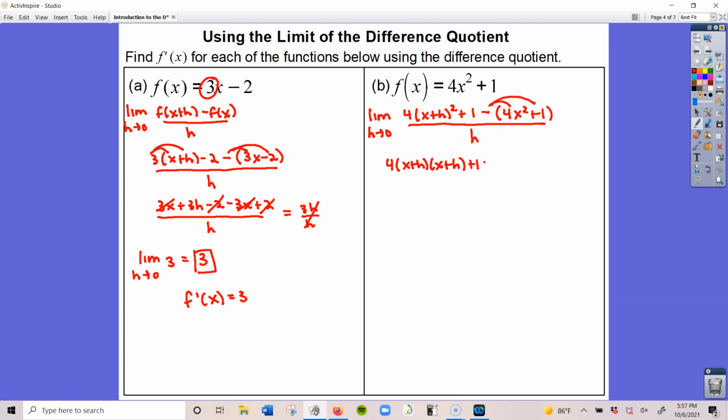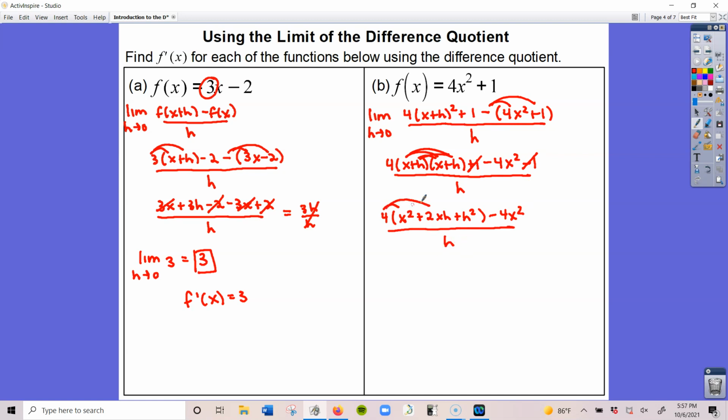Distribute the negative, so minus 4x squared minus 1, all over h. If I distribute the x plus h, just like I did before, we end up with 4 times x squared plus xh and another xh, so 2xh, plus h squared. This one and this one will cancel. Minus 4x squared, all over h.